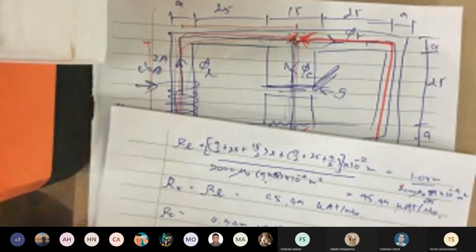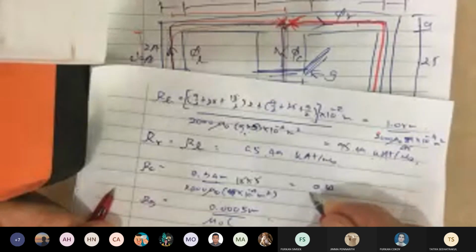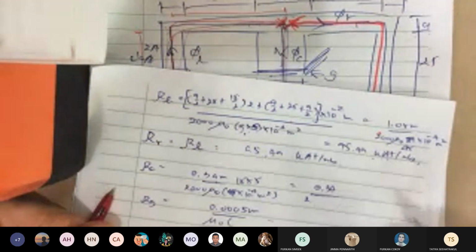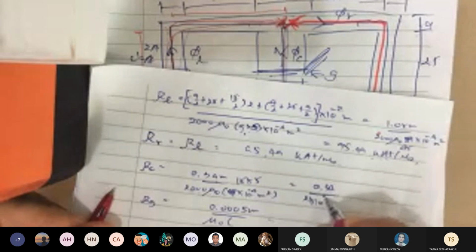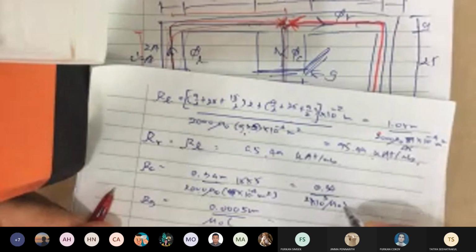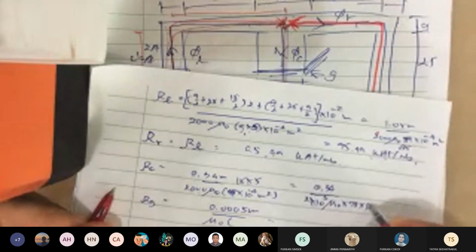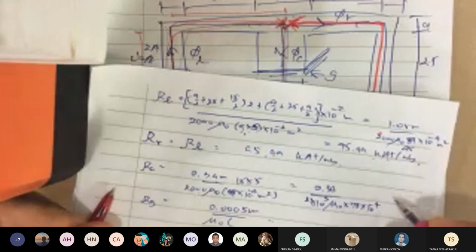Let me write this down. It should be 0.34 divided by 2 times 10 to the 3rd mu naught times 75 times 10 to the negative 4th.